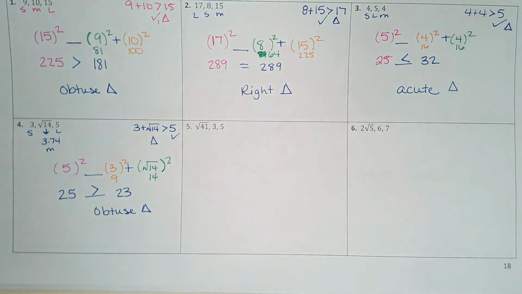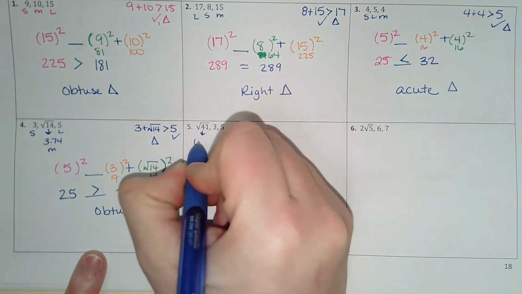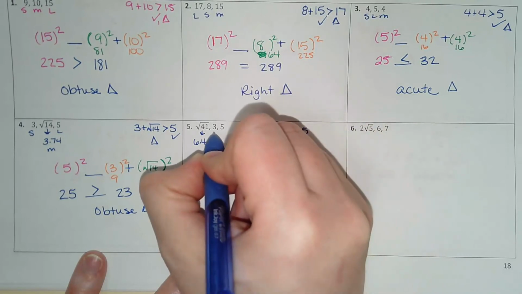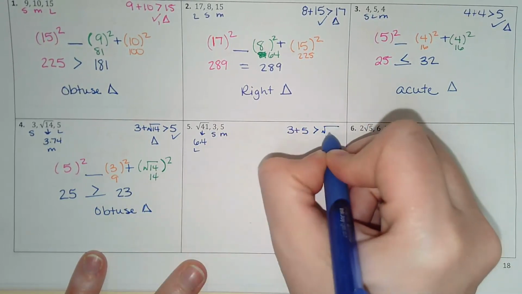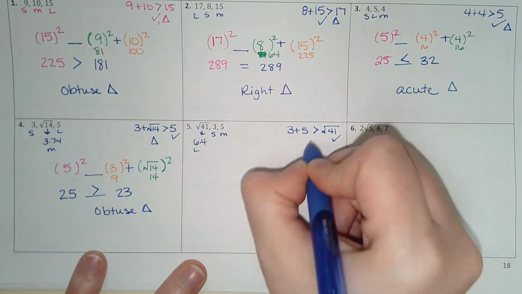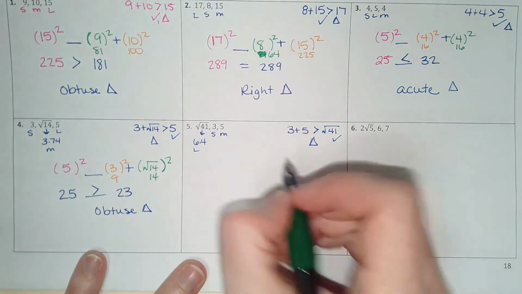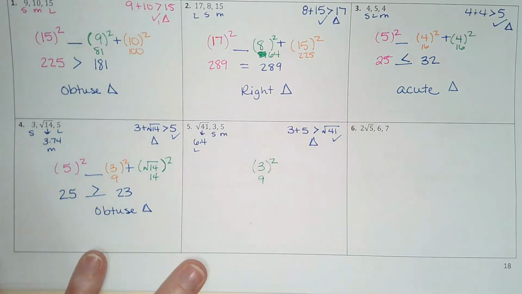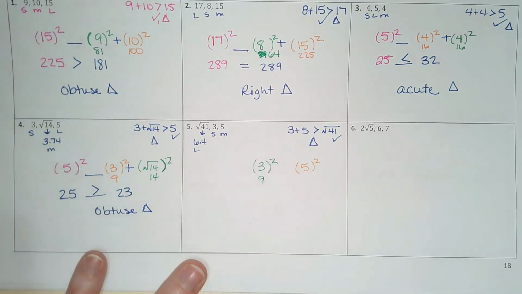The square root of 41 is approximately 6.4. So 3 plus 5, small, medium, large. Is that greater than the square root of 41? That is true, it's a triangle. So 3 squared is 9. 5 squared is going to be 25.